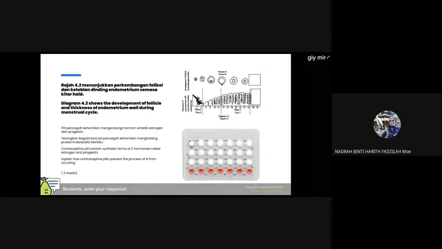Okay, macam mana contraceptive pill causes or prevents process N to occur? Bila high level of estrogen and progesterone maintain je, apa yang dia akan inhibit?